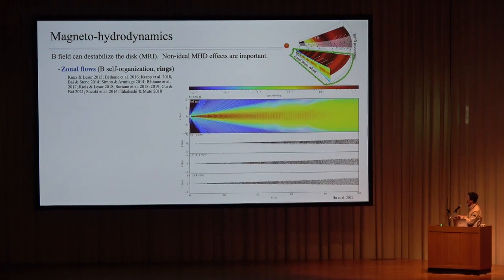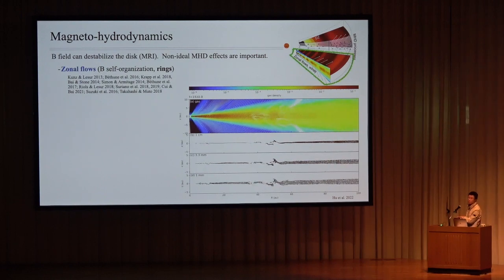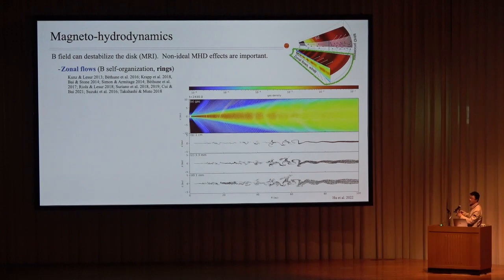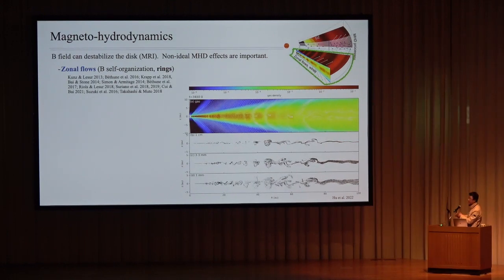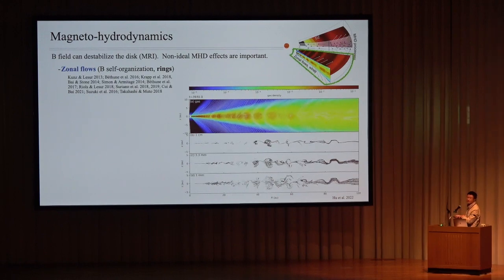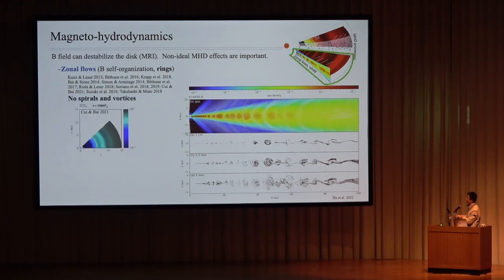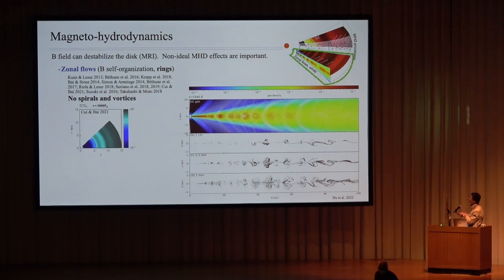For example, here we have a smooth disk with a constant amplitude diffusion coefficient, but the magnetic field organizes itself and breaks the disk into many rings. On the other hand, these rings are not very strong, so they cannot form vortices, and normally they don't produce spirals.